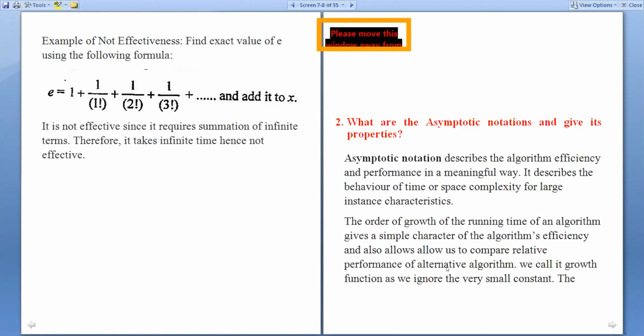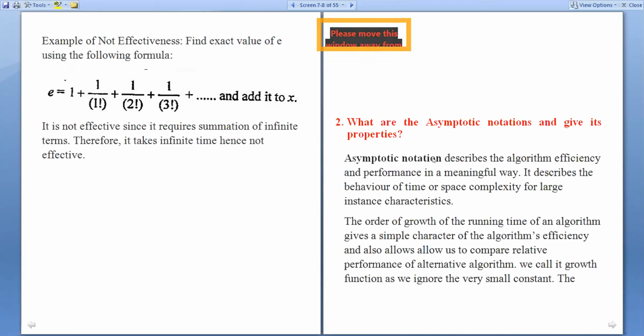We call it a growth function as we ignore the very small constant values.